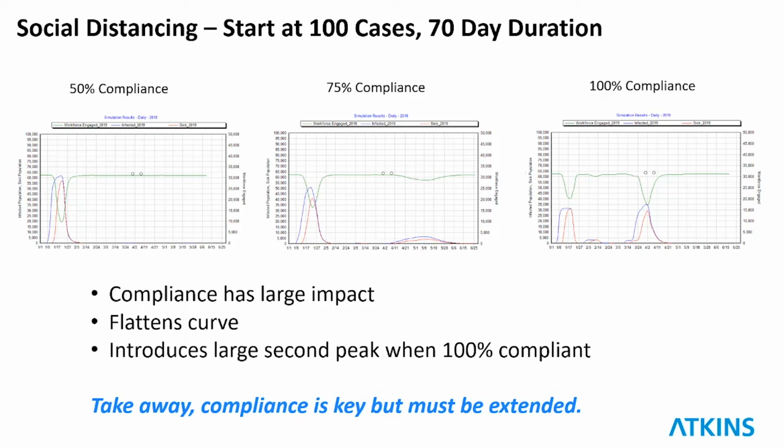We only tested out to about 84 days. If we just say we're going to extend the duration of the social distancing until a vaccine has been found, then we end up with what starts to be manageable levels in terms of number of cases at any given time.